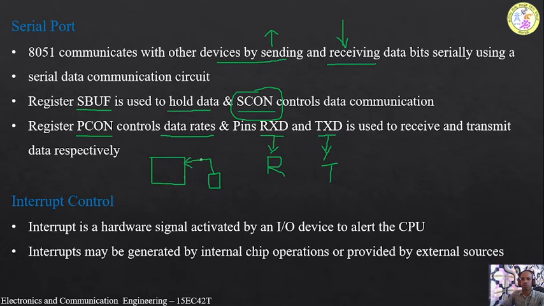Now it is going to raise one signal: I need a service from you, I want to interact with you. This is our microcontroller, whereas this is the external device. When this external device wants to communicate with the microcontroller, it has to raise one signal that is called an interrupt. So this is the hardware signal activated by the IO devices to alert the CPU.